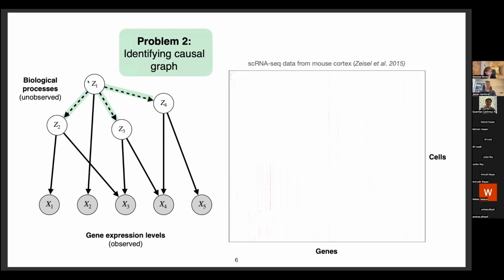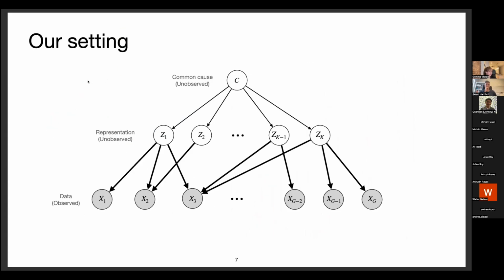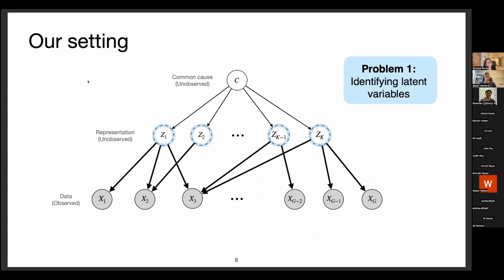In this framing of causal representation learning, we're just focused on this first problem of how do we identify the latent variables. So in that way, we're not so much focused on the question of causality, but more just on a statistical identifiability problem.